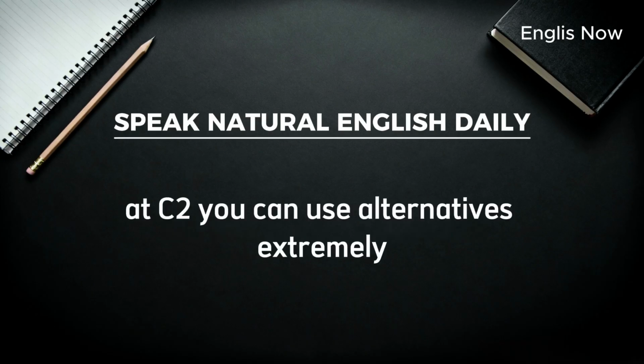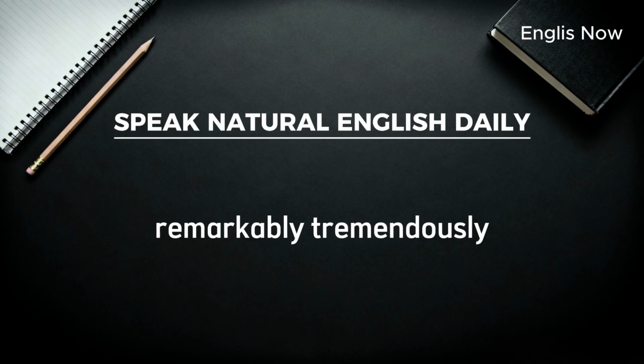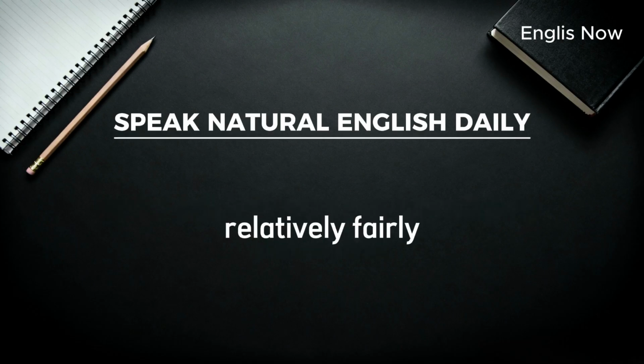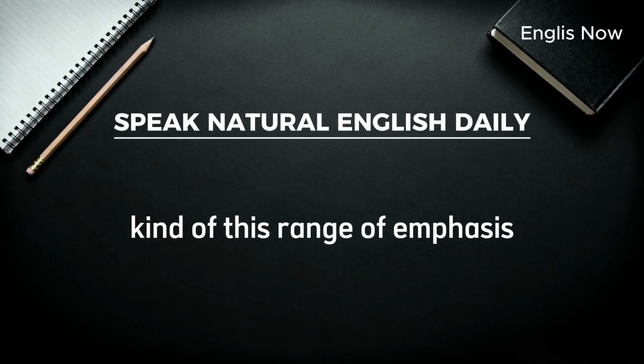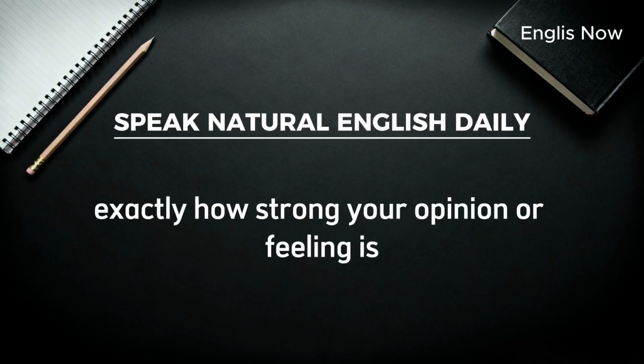At C2, you can use alternatives: extremely, absolutely, utterly, incredibly, remarkably, tremendously. Or for subtlety, you can say slightly, somewhat, relatively, fairly, kind of. This range of emphasis allows you to express exactly how strong your opinion or feeling is.